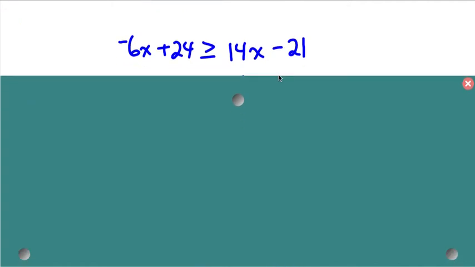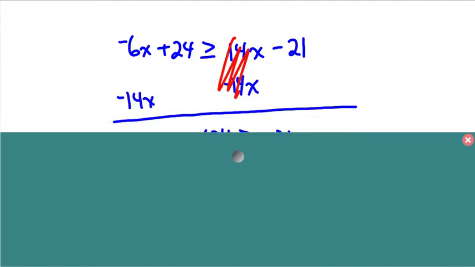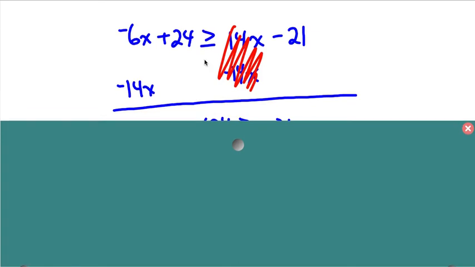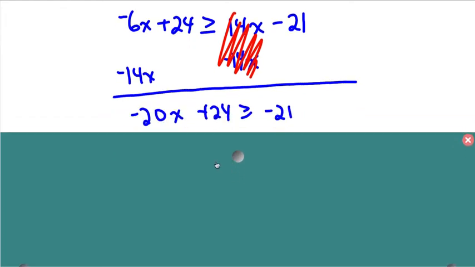Now I'm going to move my numbers that have a variable. I'm going to move the 14x over, so I subtract 14x. 14x minus 14x is 0, they're gone. Left-hand side, I get negative 6x minus 14x, which gives me a negative 20x. Okay, negative 20x, bring down the plus 24, is greater than or equal to negative 21.